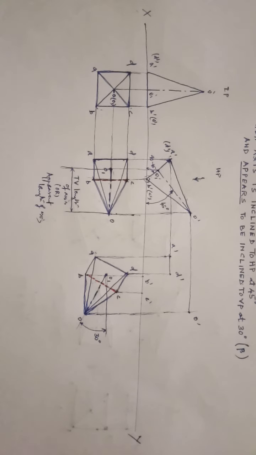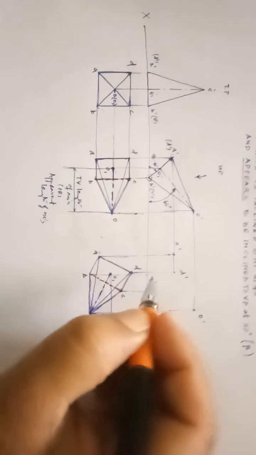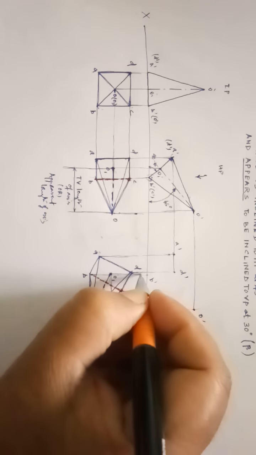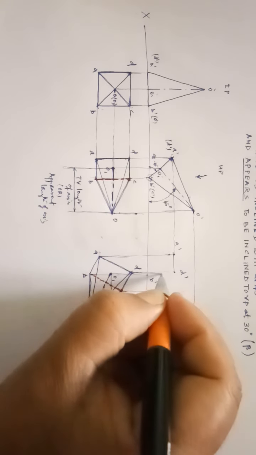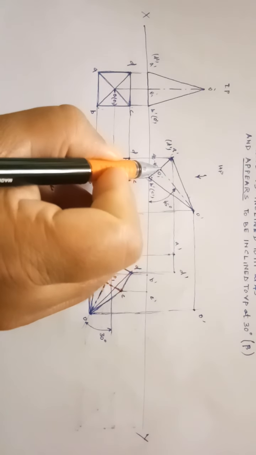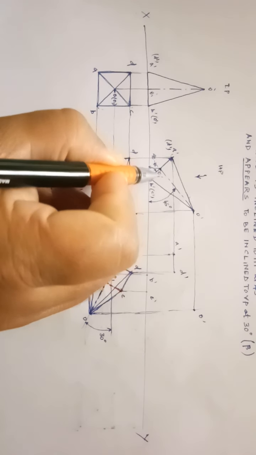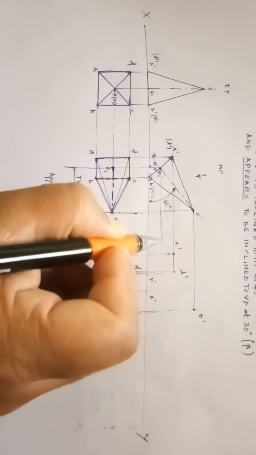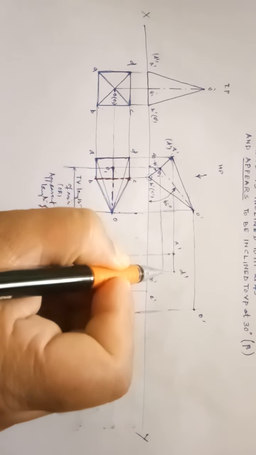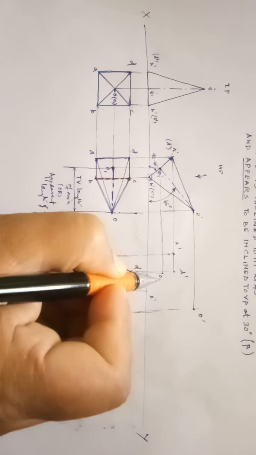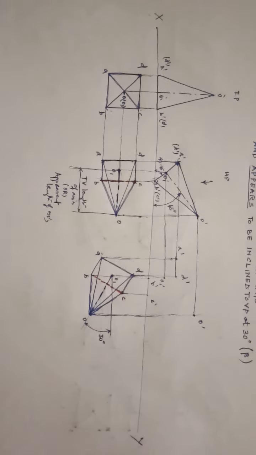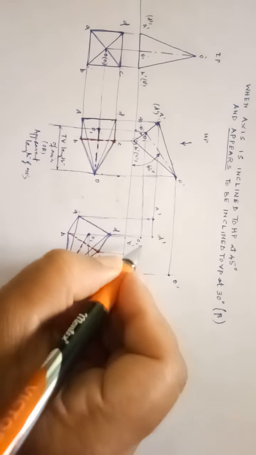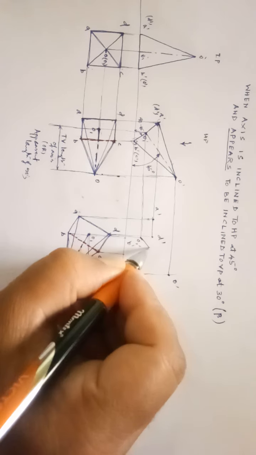Okay, similarly you can project O1 also. From O1, draw a vertical projector, and from the previous front view, draw the horizontal projector. To cut the vertical projector, you will get the point O1 dash. Okay, if you join O dash and O1 dash, that will be the axis.